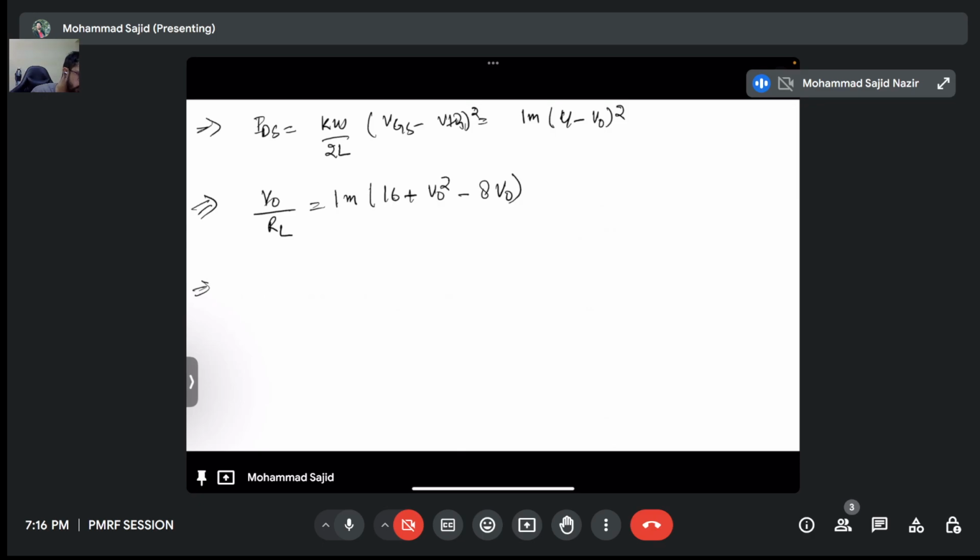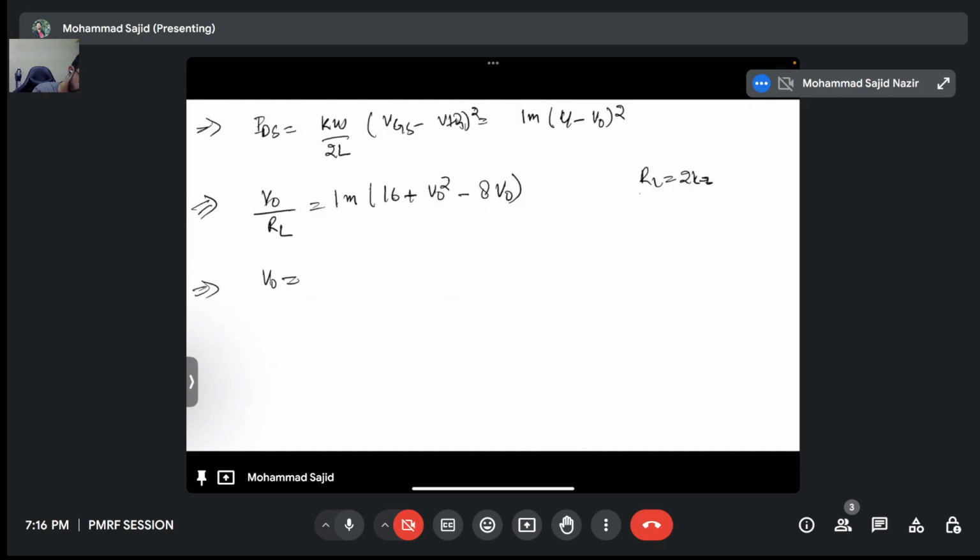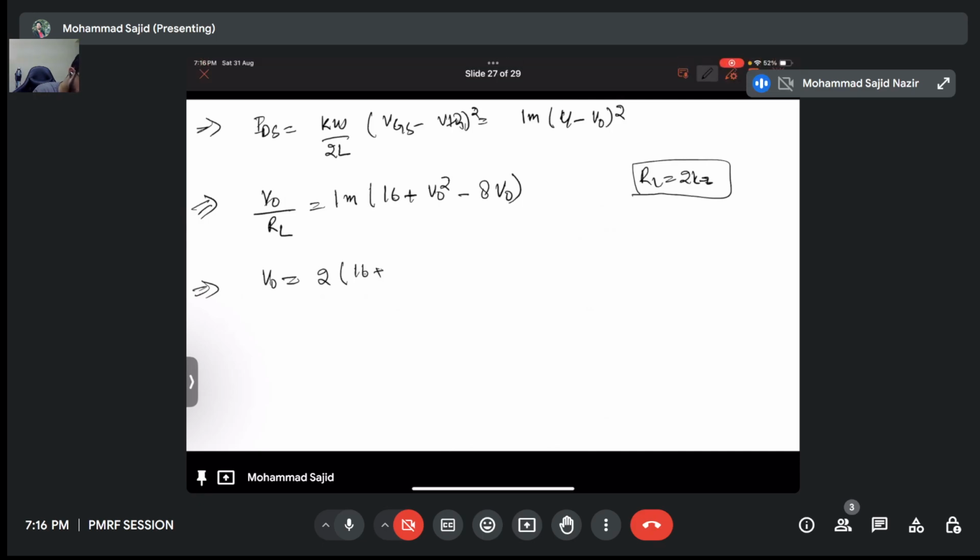This is a quadratic equation. RL is 2 kilo. So this is 2 V0 square minus 8 V0 minus 9 V0 plus 32 equivalent to 0.